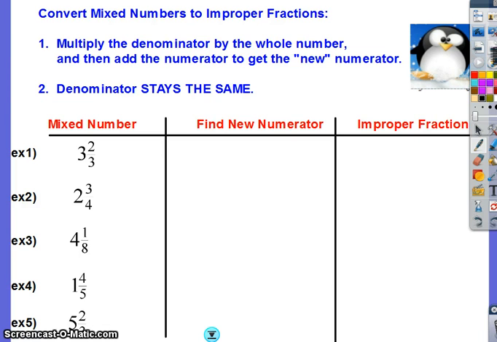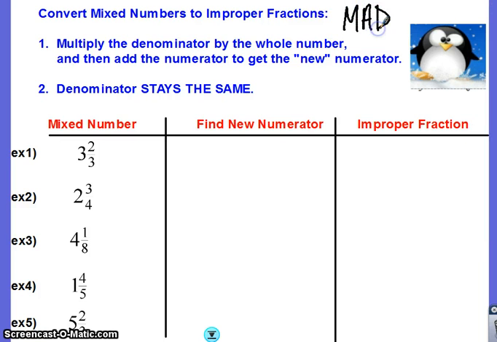And I call this GET MAD. Get mad. Okay, multiply. 3 times 3 plus 2. So multiply, add, that's M and A. And the denominator, that's D, it stays the same. Multiply, add, denominator. 3 times 3 is 9 plus 2, 11, and the denominator stays the same.